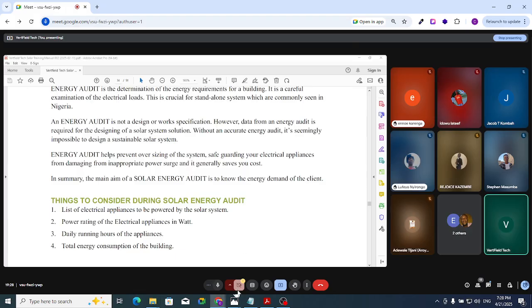Now I think with what we have discussed, we are in order. We have also talked about safety, safety as it concerns your solar power system.